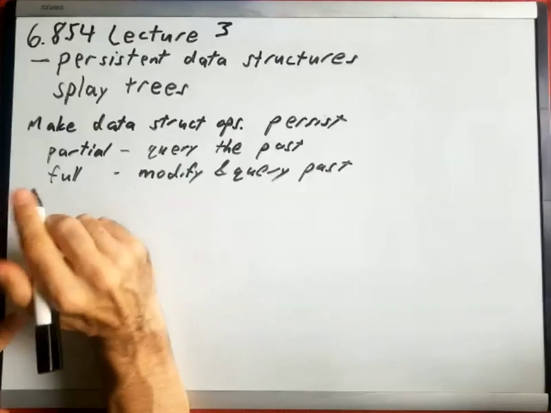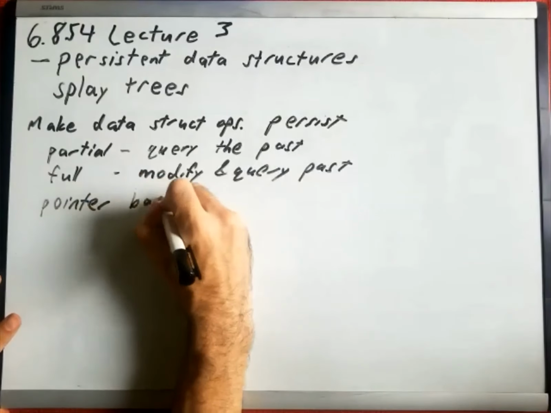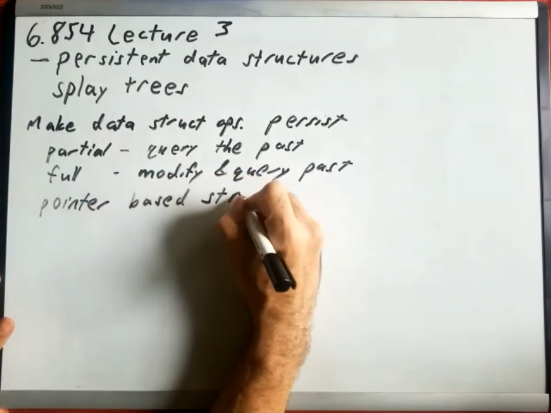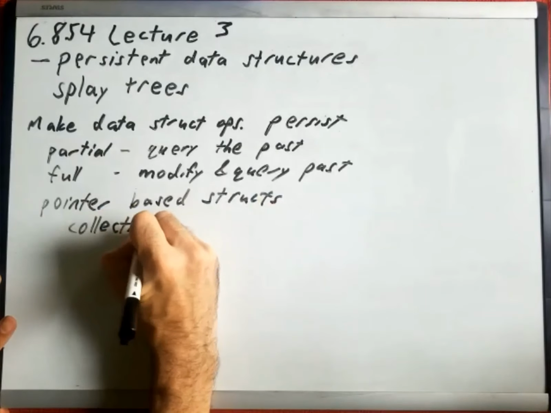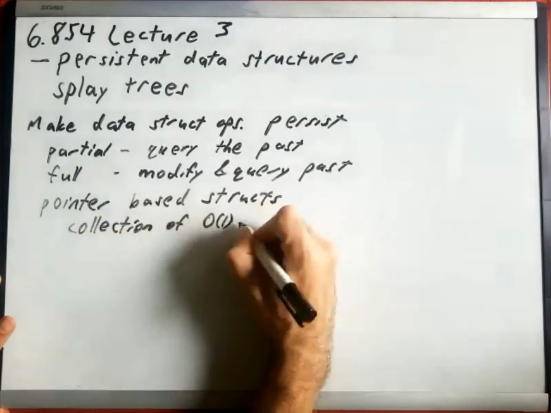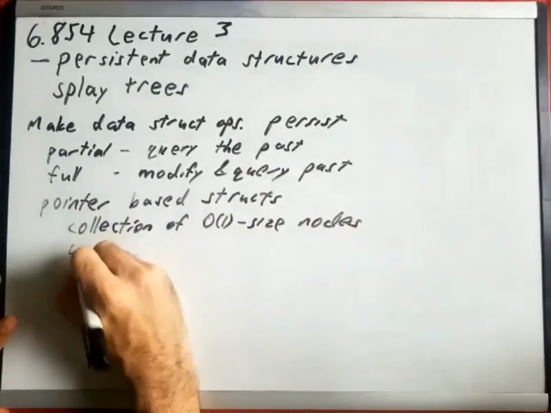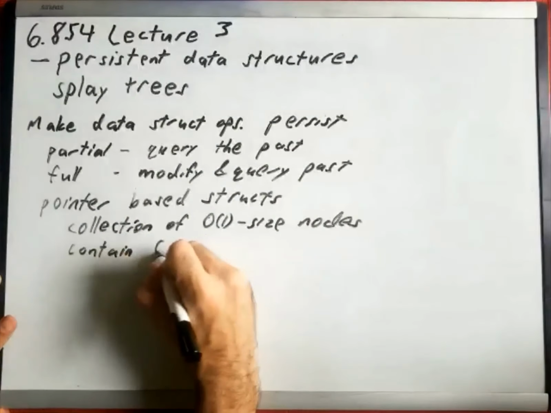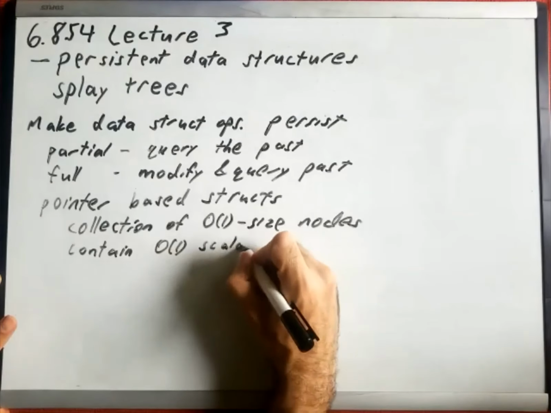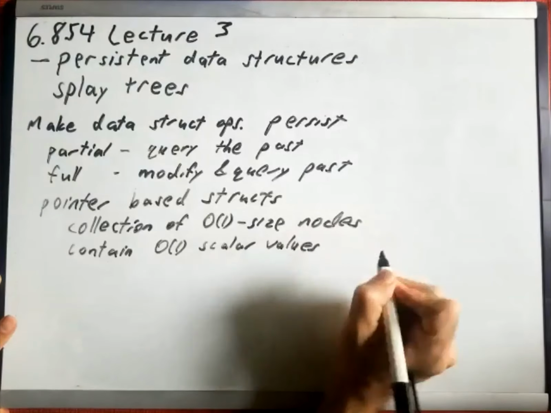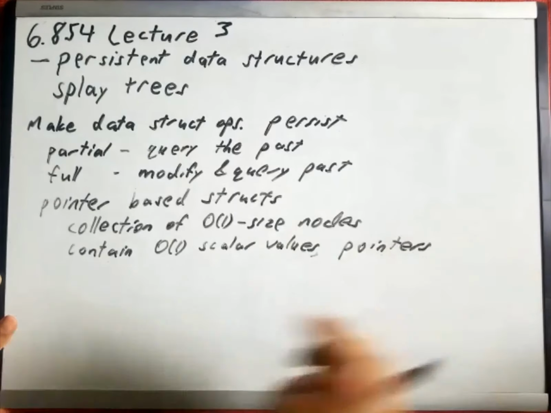And we started talking about a general technique that we'll be applying to pointer-based data structures, which means that they are a collection of fixed size nodes, and those nodes can contain a constant number of scalar values, numbers or characters or whatever, and pointers to other nodes in the data structure.